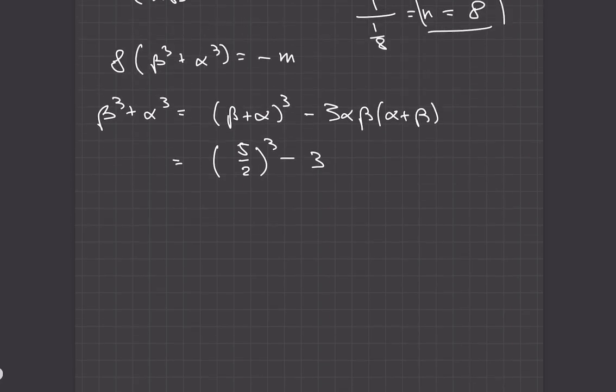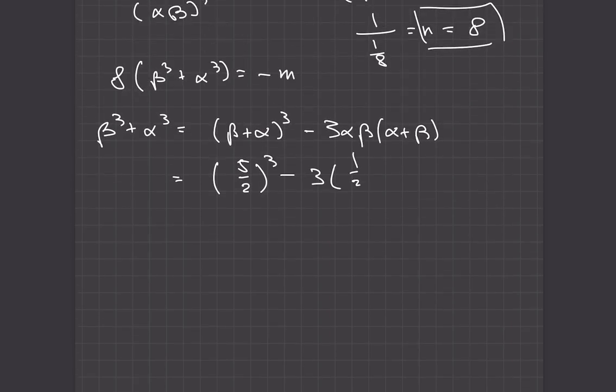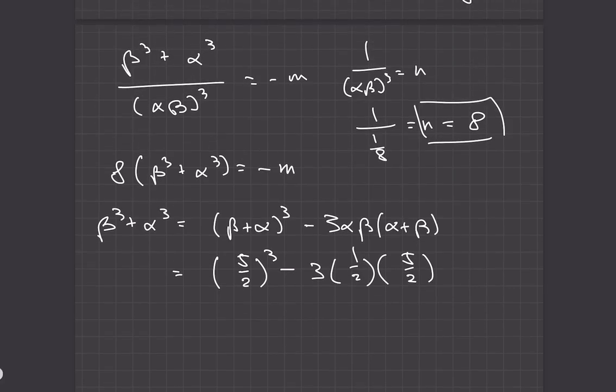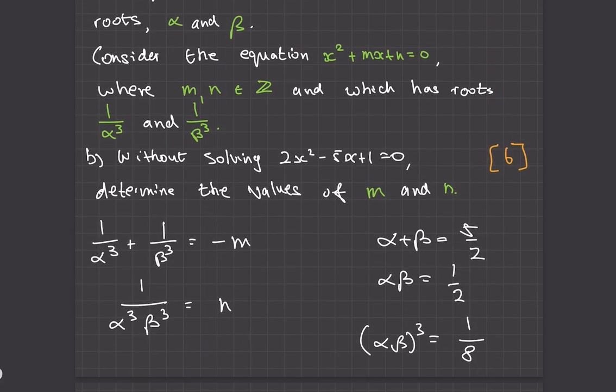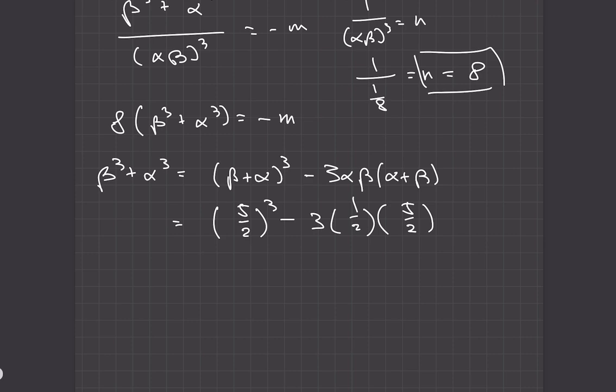Alpha beta is 1/2, so 3 times 1/2. Alpha plus beta is 5 over 2. Okay? Yes. So when we simplify all of this, what we get is 125 over 8 minus 15 over 4 for beta cubed plus alpha cubed.